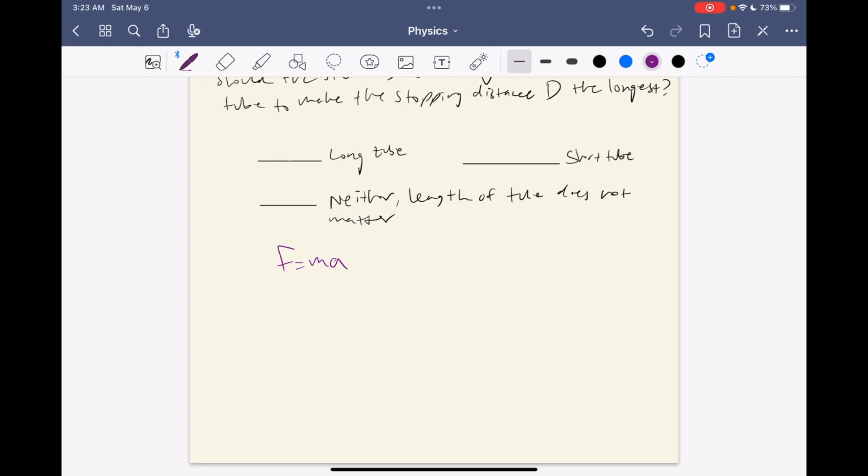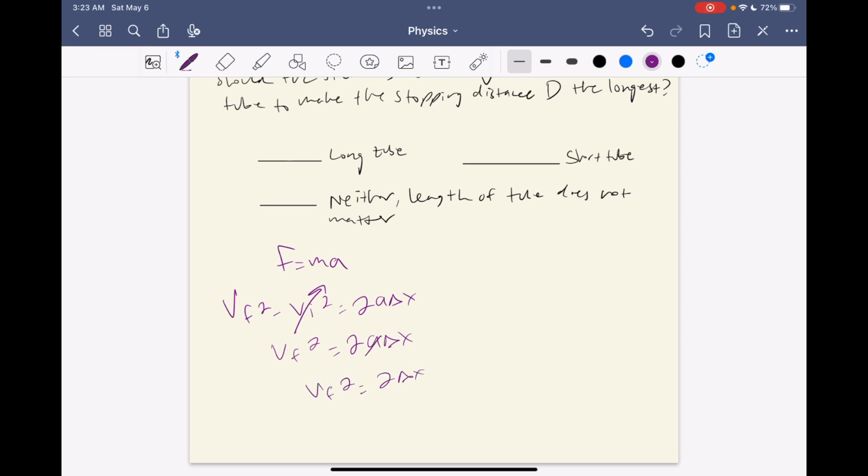Knowing that, we can use a common form, VF squared. It's assumed that it starts from rest, so VI is 0. And we're left with VF squared equals 2a delta x. Since the acceleration is constant, we cross this out.